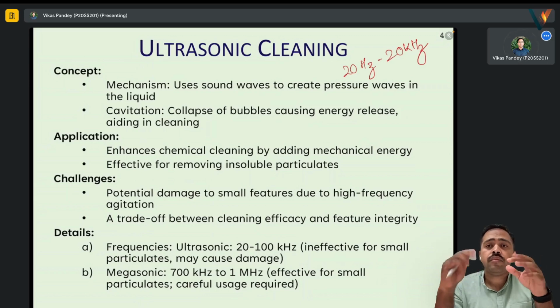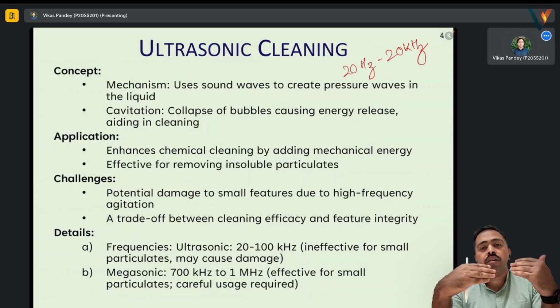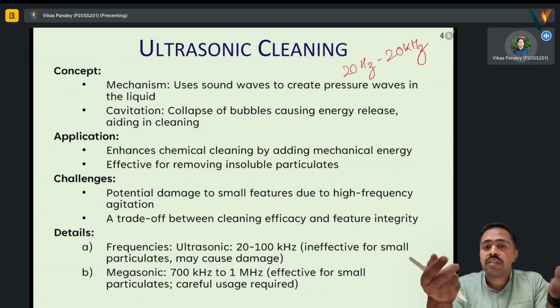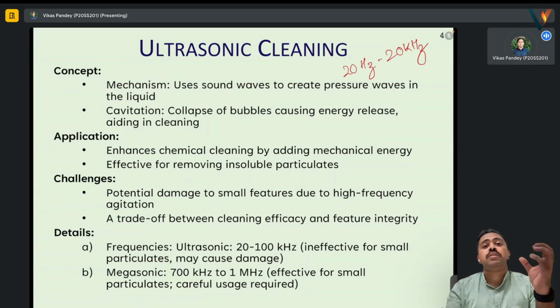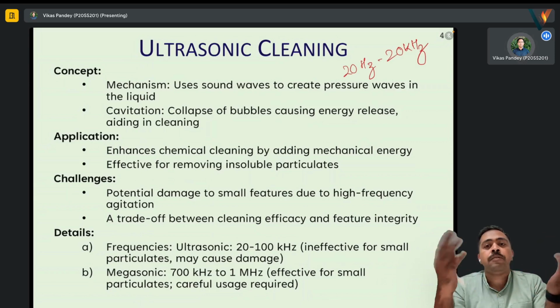It will make the molecules of this liquid vibrate as per the frequency that we are applying. Then it creates cavities, and the collapse of bubbles causes energy release. In a sense, it will agitate the particles and create bubbles around them and make them go away from the surface.